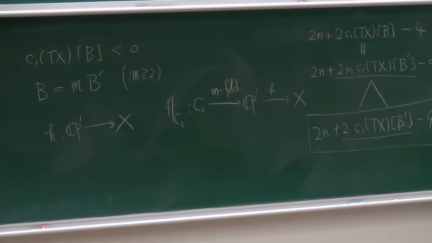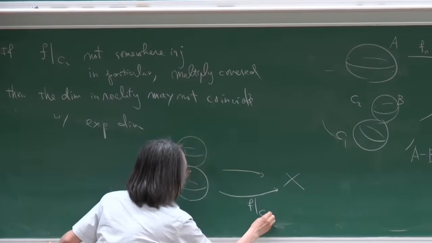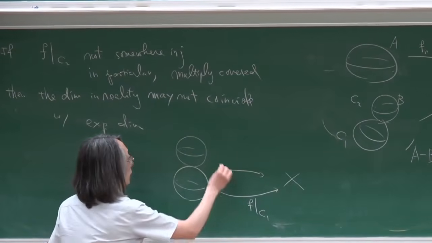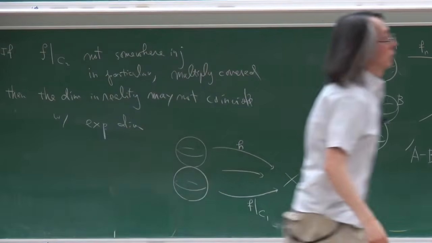Why is this a problem? Because what we want to have is the following. Here I have two P1s mapping to X. Let's suppose you have a map from here to here, maybe f composed with f over C1, and suppose that here you have a map like h.